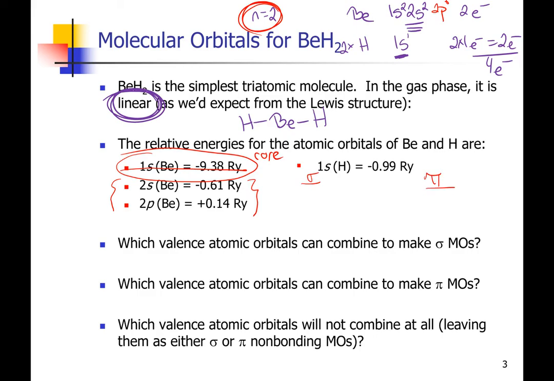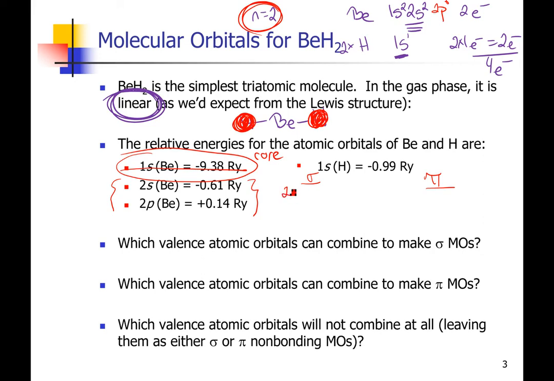Usually easiest to start off with the s orbitals. We have 2 hydrogen atoms, each of which brings a 1s orbital to the molecule. Those 1s orbitals do not have nodes passing through all 3 atoms, so they are sigma symmetric.